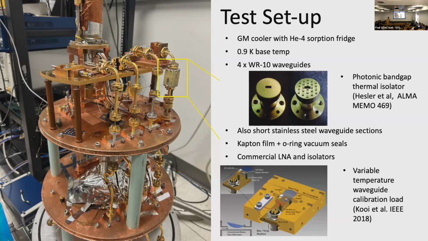And then we have just commercial LNA and isolators. And for noise measurement, we have this variable temperature waveguide calibration load that was described in a paper by Jacob Cui a few years ago.